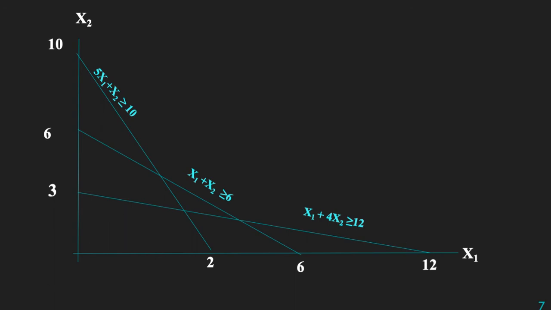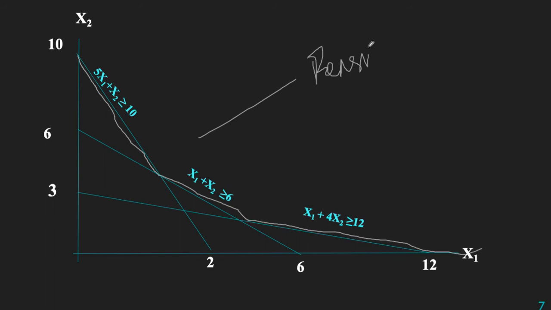I will draw that line here, it will be somewhere like this if I am not wrong, right? So this will go like this, will go like this one. So above this would be our feasible region, right? Am I right?